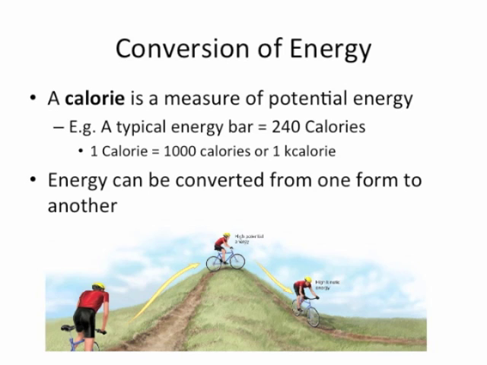Right? So we convert energy all the time. So you eat that energy bar, and that powers your muscles to ride your bike up a hill. So you've converted that potential energy from the energy bar into kinetic energy of muscle motion to get you up the hill.